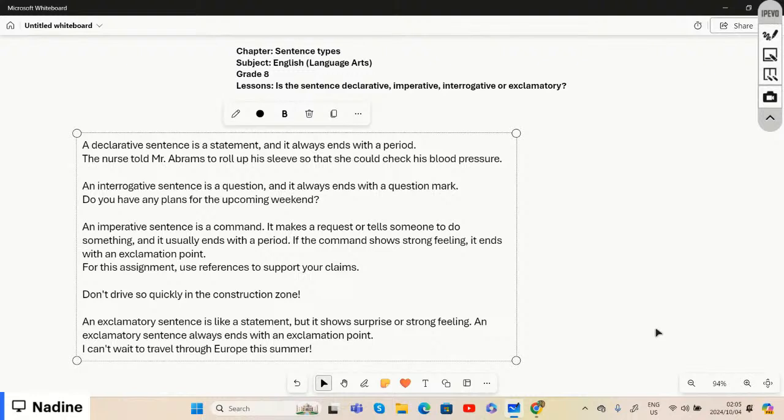And the lessons that we are going to be focusing on under the chapter of sentence types: is the sentence declarative, imperative, interrogative, or exclamatory?